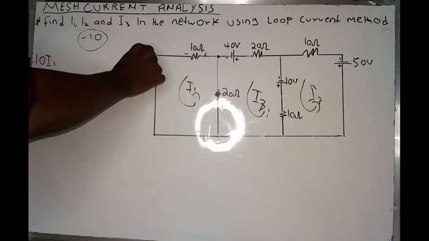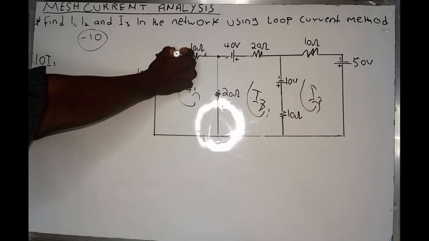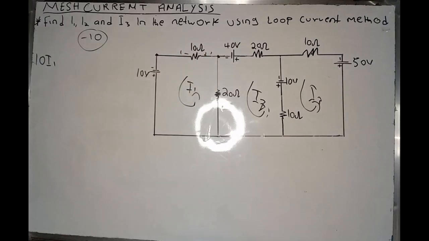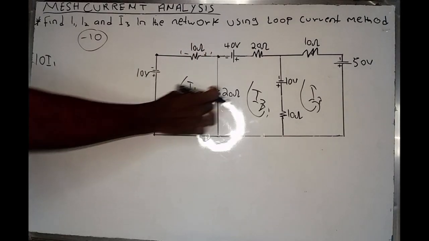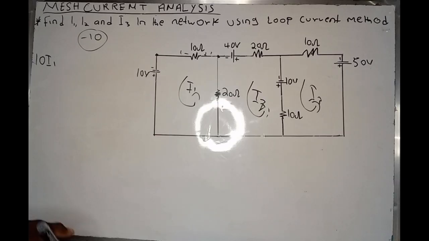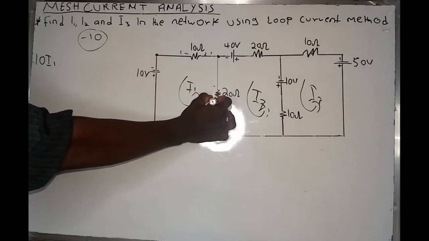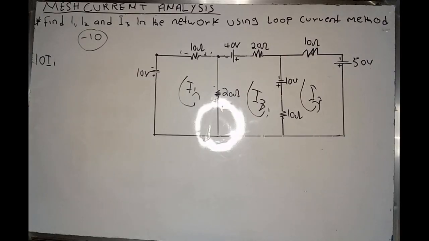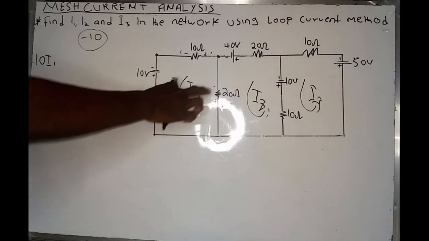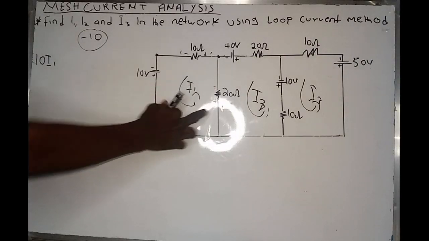This is what we call a node, and from here to here is what we call a branch. So we have a 20 ohm resistance, which is also positive, from negative to positive, as the current moves from the negative terminal to the positive terminal.